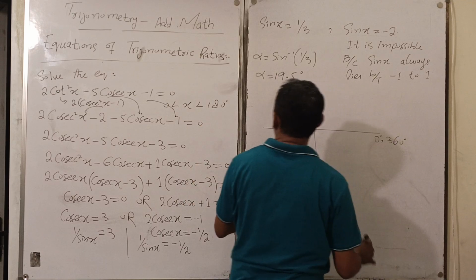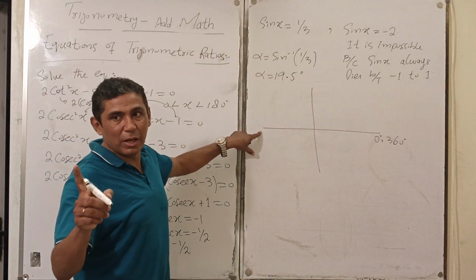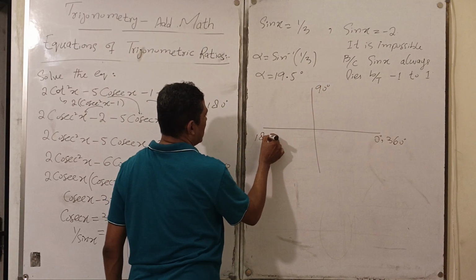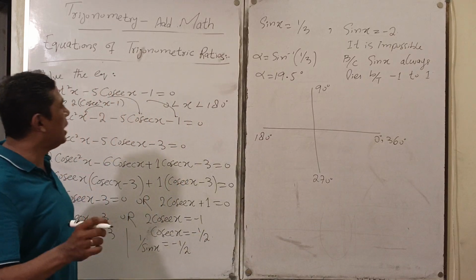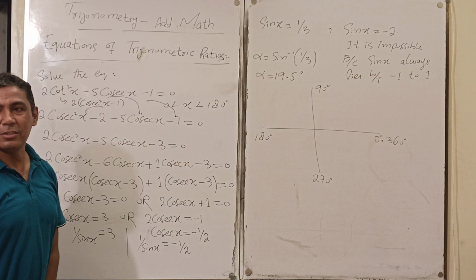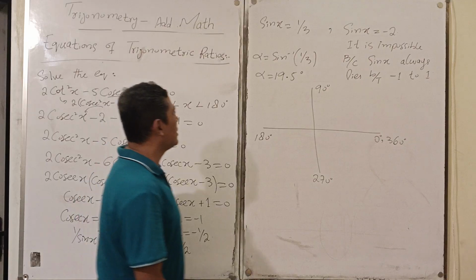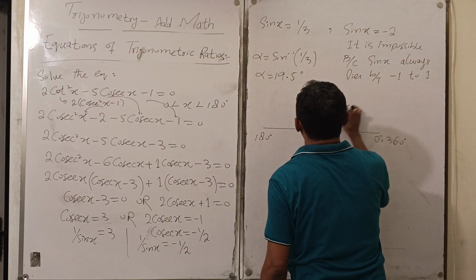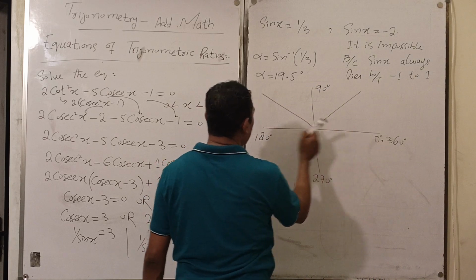But one important thing, I am going to mark complete value here. It is 90, it is 180, it is 270, but we have a range of 0 and 180. Sign will be positive in this quadrant and in this quadrant. These are in my range.